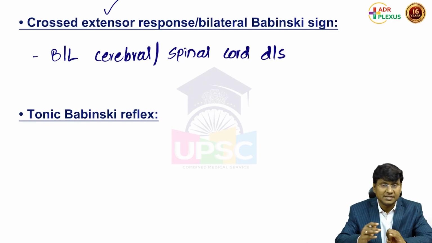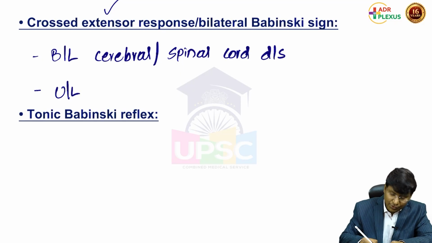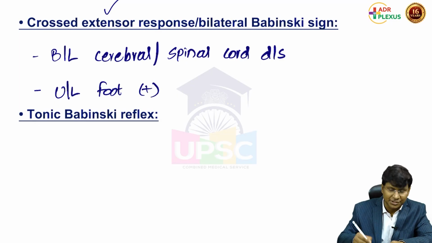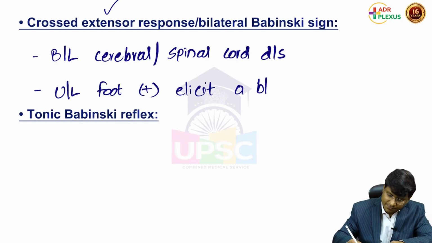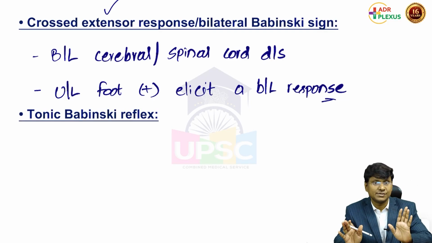Right, so in bilateral cerebral or spinal cord disease, there will be crossed extensor response or bilateral Babinski sign. Okay, here unilateral foot stimulation, right? Unilateral foot stimulation will elicit a bilateral response in such cases.